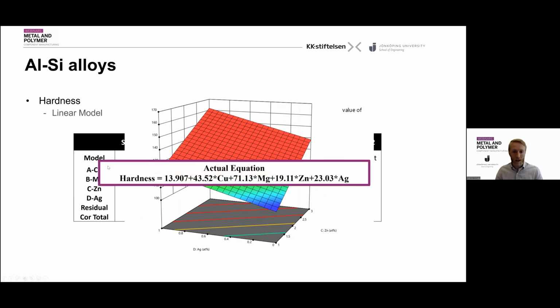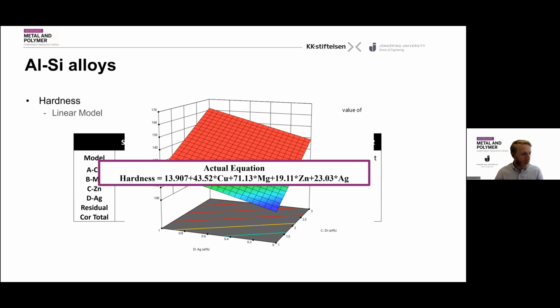From the ANOVA analysis, we also got this linear regression model, an equation for our overall hardness, which should give us pretty good statistical accuracy for any changes we make in our future alloy design for this.